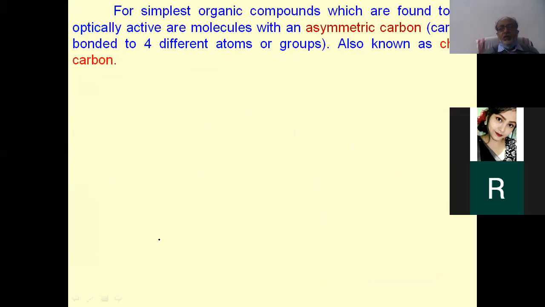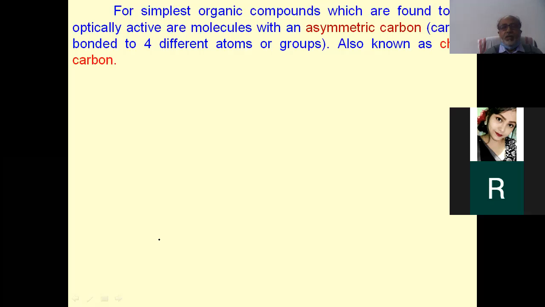So what we have seen, what type of molecule exhibits optical isomerism? The compound which is going to be chiral, asymmetric. We are dealing with organic molecules. The simplest organic molecules which are found to be optically active are molecules with an asymmetric carbon.